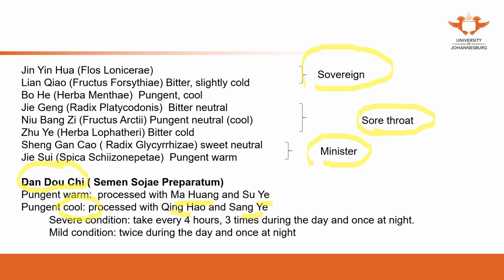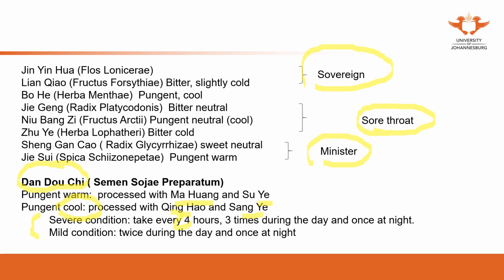Below this formula, it describes the administration, when to take and how to take. In a severe condition, take it every 4 hours, 3 times during the day and once at night, or even more at night.